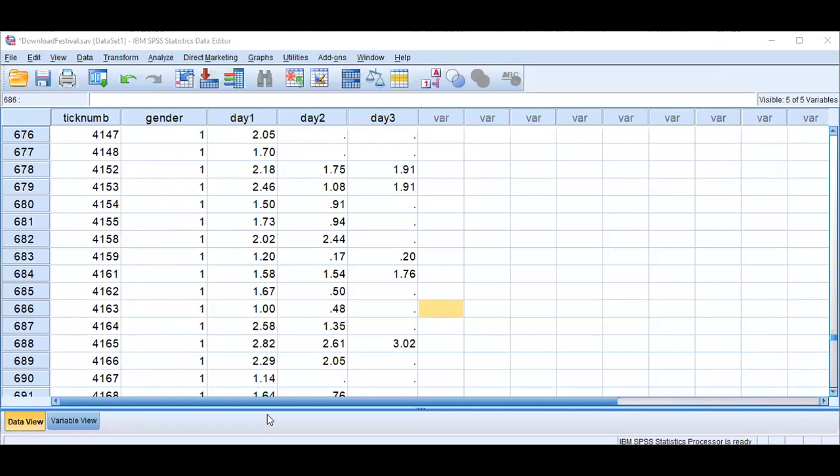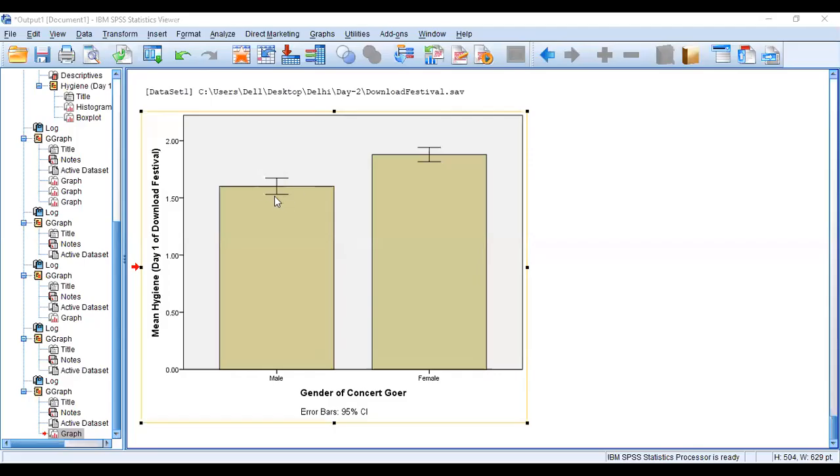So I am showing how this particular error bar looks. So this is our error bar chart. This is known as an error bar chart. What does it indicate? It indicates that this is our mean value.